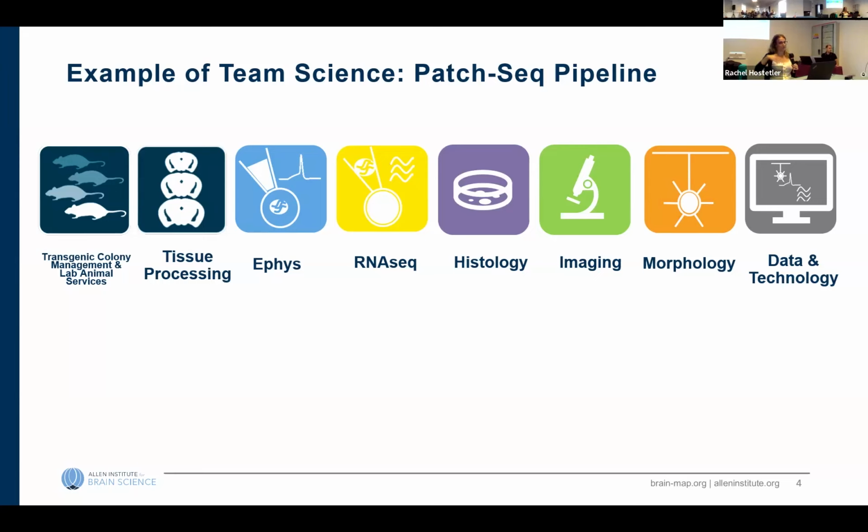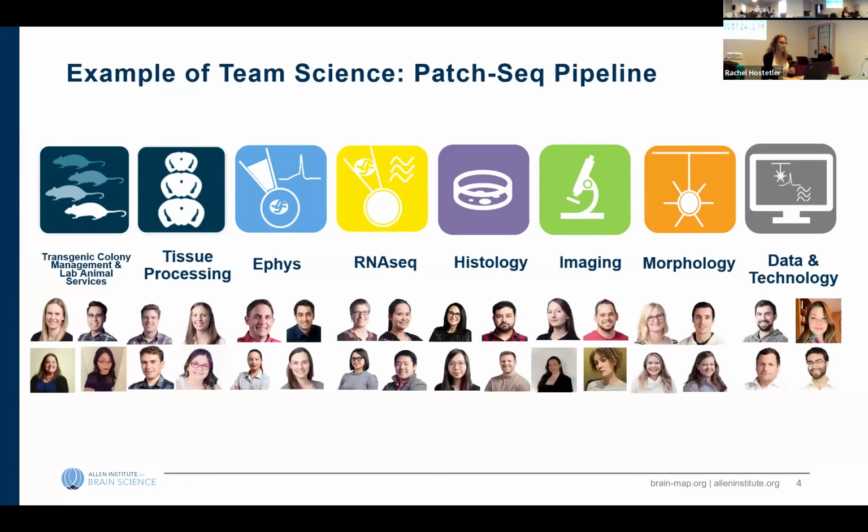We have our electrophysiology team, our sequencing team, histology, imaging, morphology. And then finally, to get all that data online for others to access and use, we have our data and technology team. So that's hundreds of people working on these data sets and on these projects. And here are some of the key people involved in each step of this pipeline.